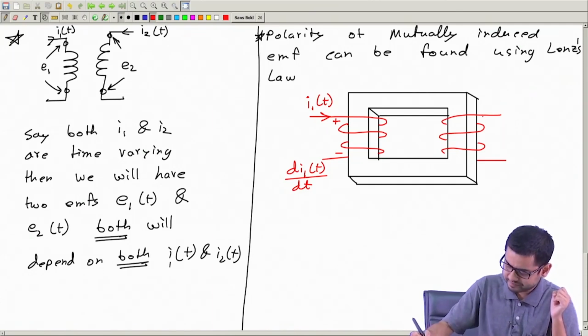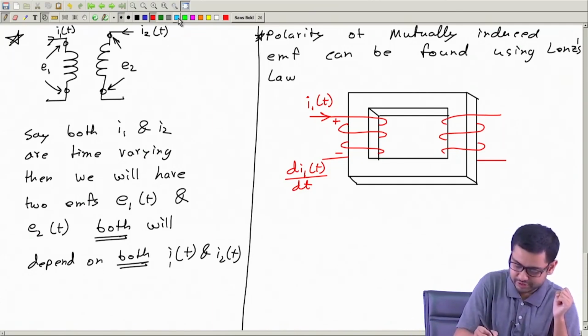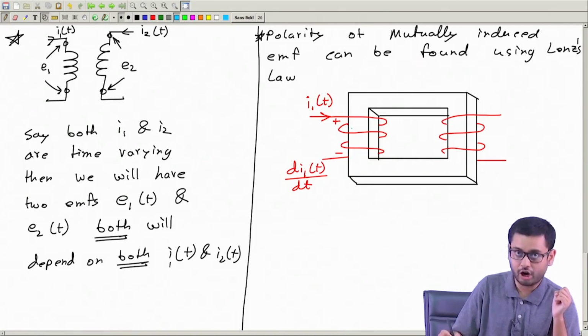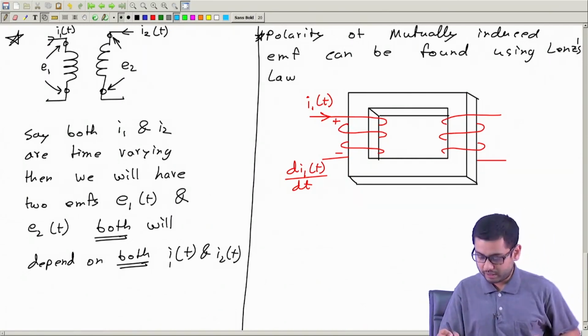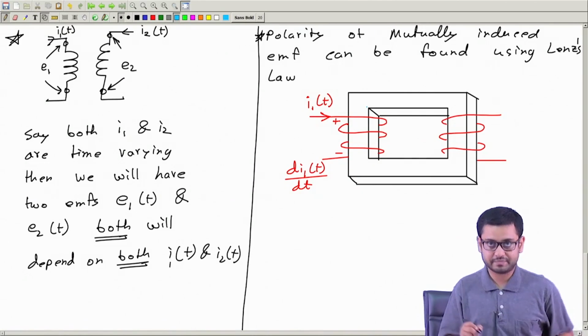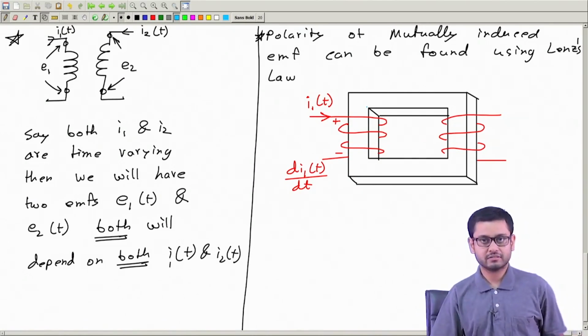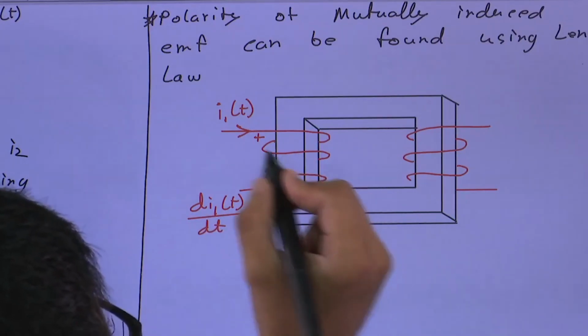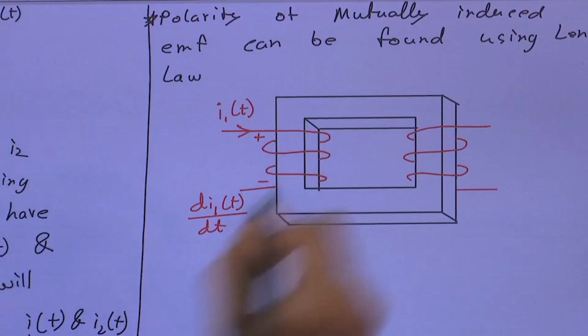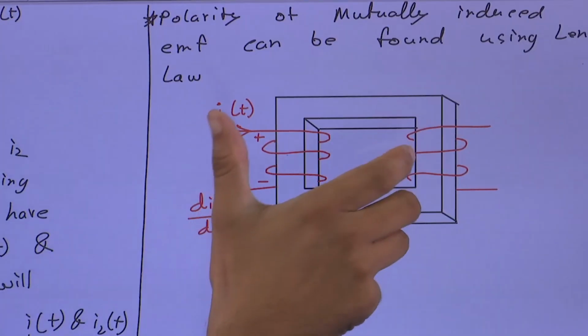To find that, let's first find the direction of the flux. So let's switch back to the overhead camera and apply the right hand rule.